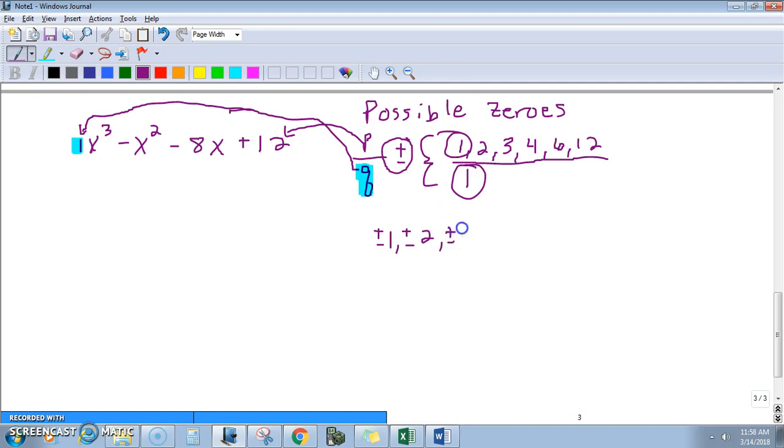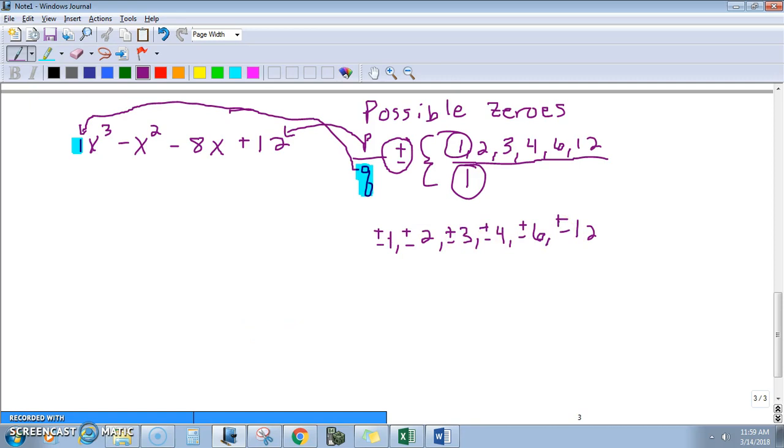Positive or negative 3 over 1, positive and negative 4 over 1, positive and negative 6 over 1, which is just 6, and positive and negative 12 over 1. So there are technically 1, 2, 3, 4, 5, 6, 7, 8, 9, 10, 11, 12 possible zeros, because I have 6 numbers, and each of them is positive or negative.